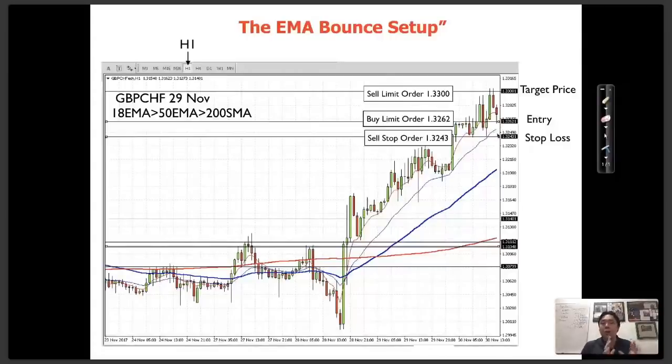So what's really important to understand is that on the 15-minute time frame, the price is bouncing off the 50, so my stop loss is below the 50, being protected by the 50. And on the hourly time frame, the price is bouncing off the 18 moving average, and my stop loss is below the 18. So in other words, your stop loss must be below a support level on multiple time frames. Okay, so that's what I mean.